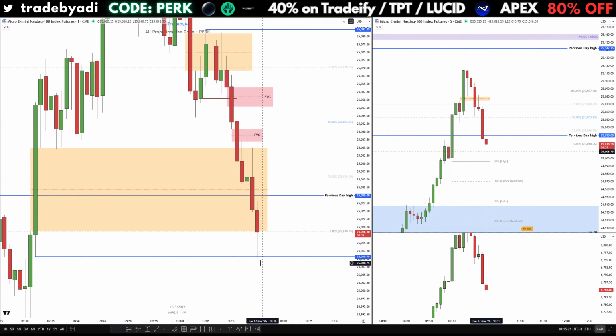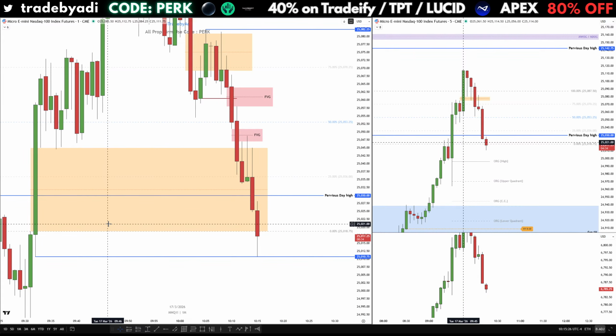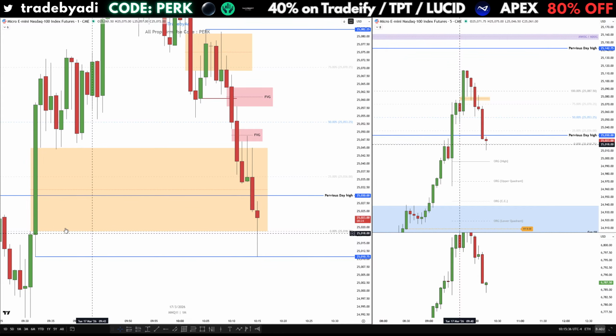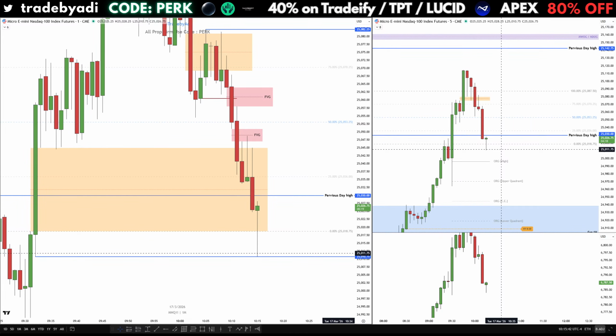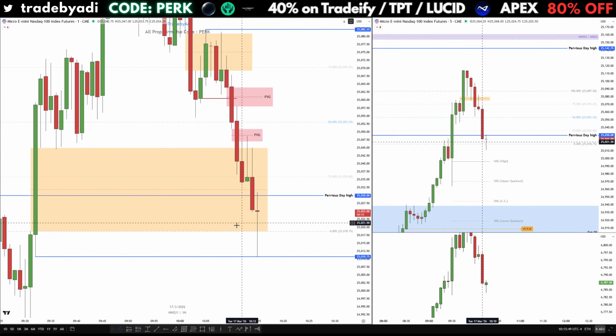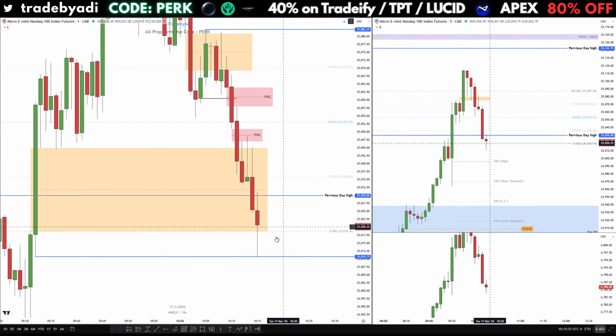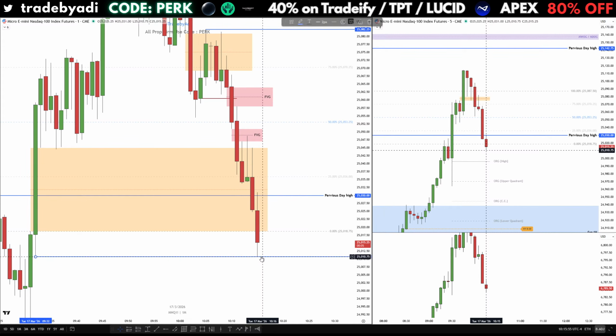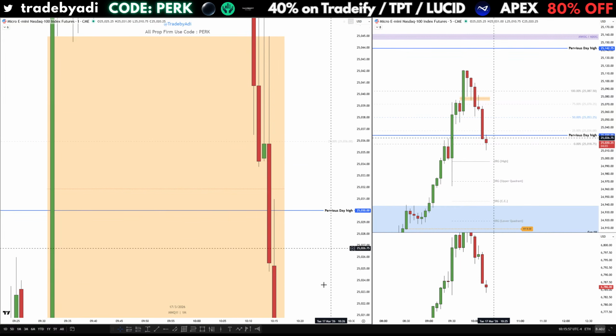So I have taken out my first partial on this fair value gap. If the price is going to take my SL, then it is no regret because I have booked on this fair value gap. Okay, we have tapped to this fair value gap.